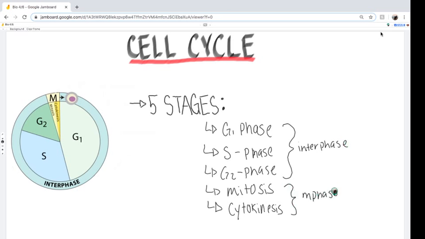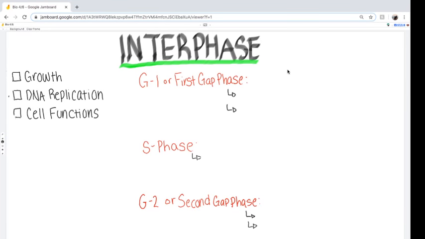Let's talk more in depth about each phase, starting with interphase. The cell spends 90% of its time in interphase.